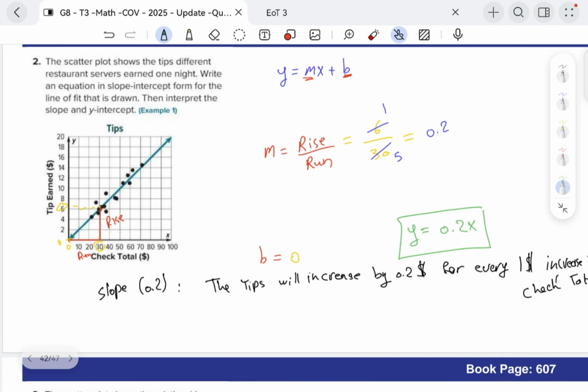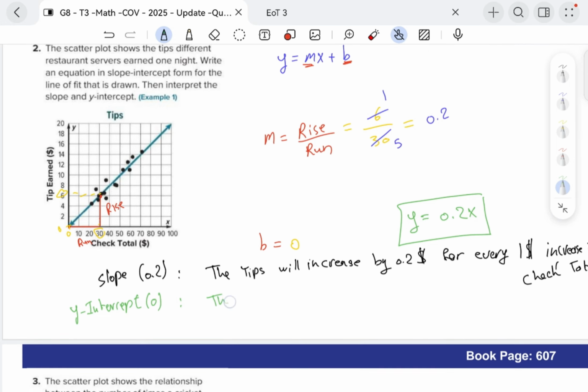Now the y-intercept, which is 0, means that the tips is 0 when the check is 0.